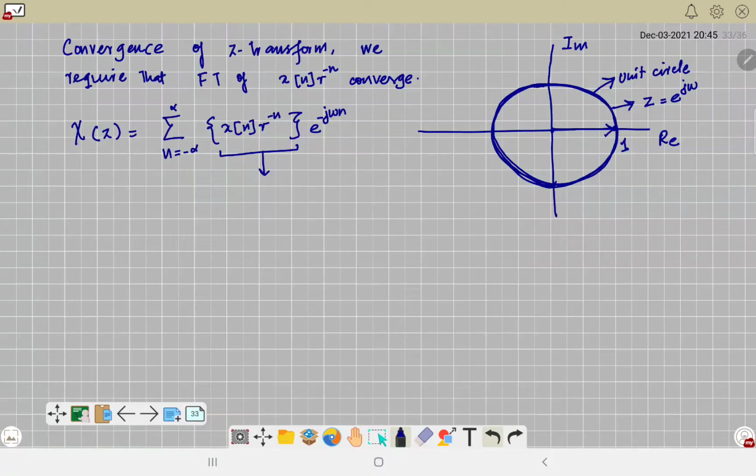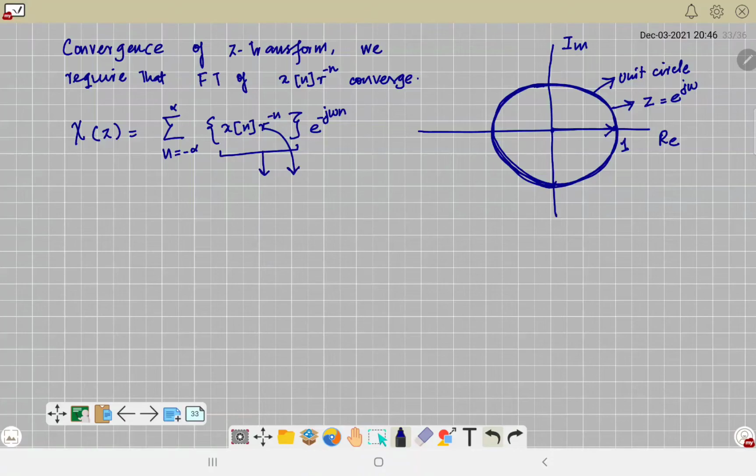Now, in general we will have values of r, because this is the additional parameter, where for some values your transform may converge and for other values it may not converge. So generally, just like in the Laplace transform, the Z transform of any sequence has associated with it a range of values of Z for which the transform converges.